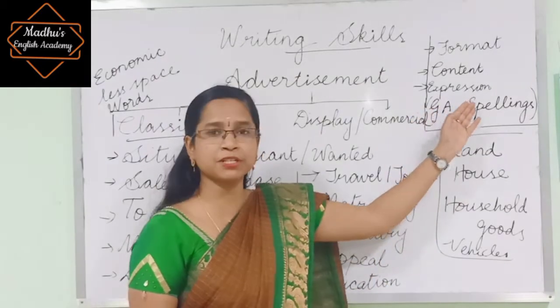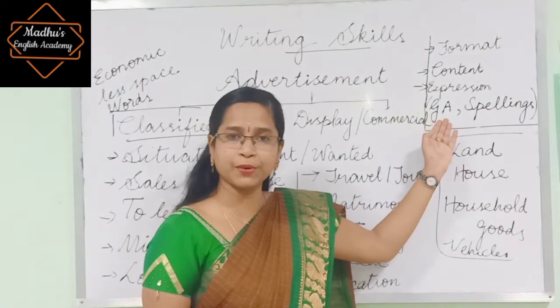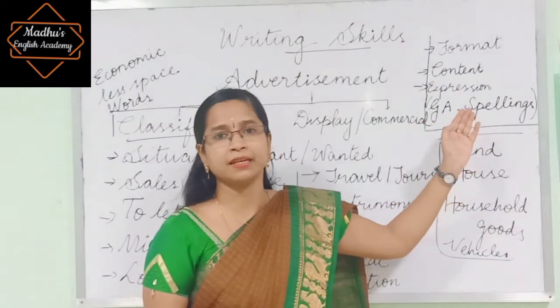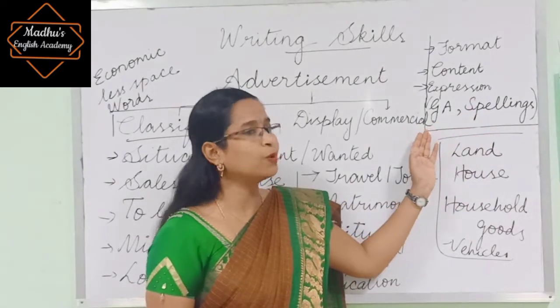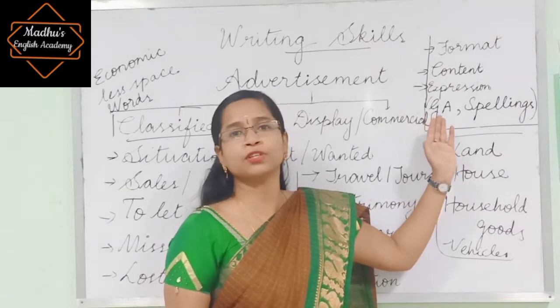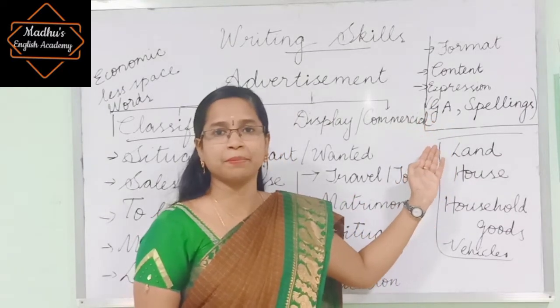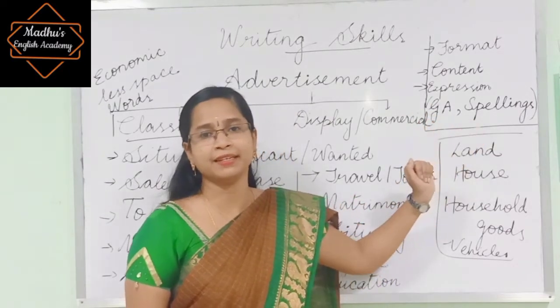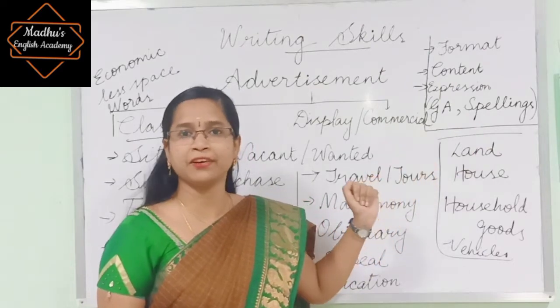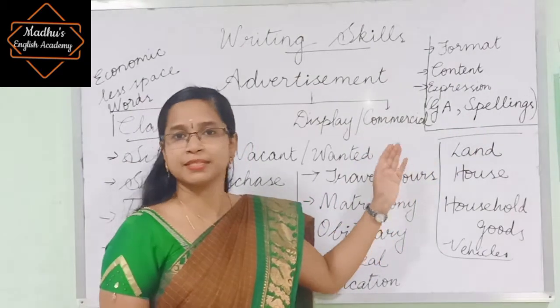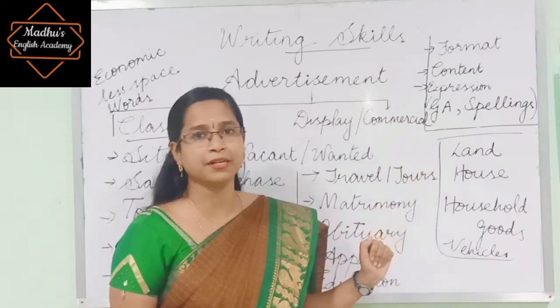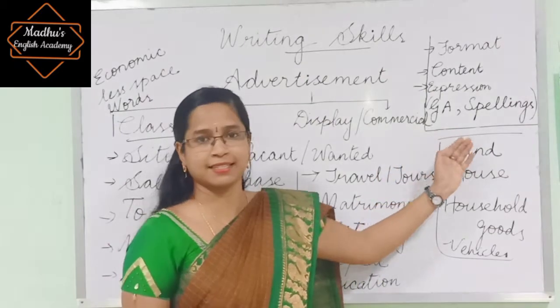And in the expression, your grammatical accuracy and spelling errors will be given consideration. So writing without making any grammatical error is very important, and check your spellings when you write advertisements. Mainly for the English paper, grammatical accuracy and spellings are very important. So be cautious about these things.